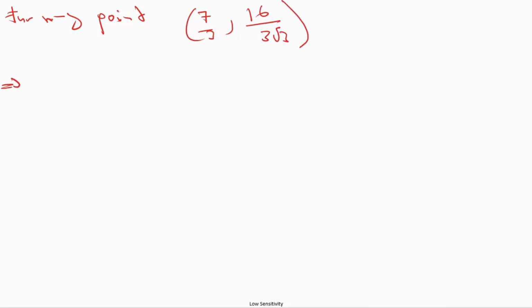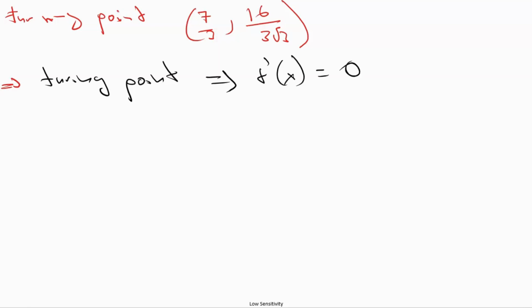In order to do this, we need to know the conditions of a turning point. At the turning point, the first order derivative is equal to 0, so that implies that dy/dx equals 0.